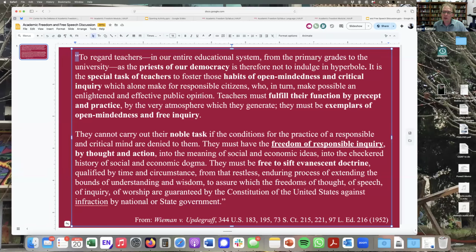What faculty do for society and for a democratic society is different from one speaking as an individual on issues in which you might be compelled to speak. So this quote is part of that concurring decision in which he lays out that understanding of what it is that teachers in a democracy do.